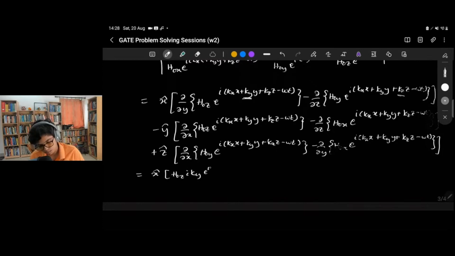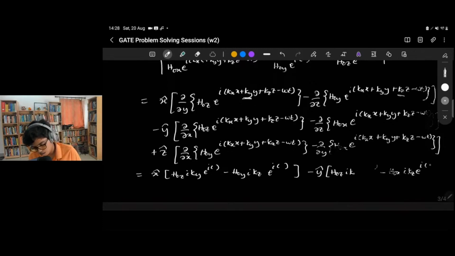Then the exponential term, then minus y cap, and then z cap.